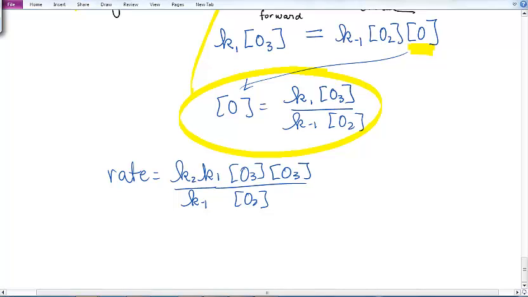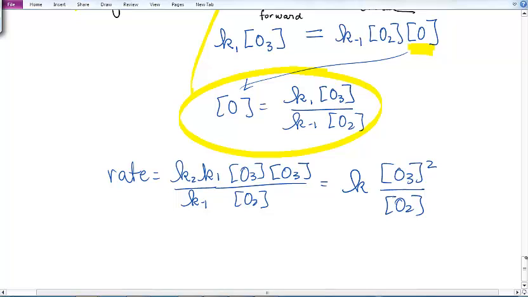And this was K2 originally. If you take a constant times a constant and you divide it by a constant, what do you get? It's a constant. So I'm just going to call that new constant K. I could call it K3, but we'll just call it K. And then O3 times itself, that's O3 squared divided by O2. And now this is what is left when I got rid of free radical oxygen out of the rate law.